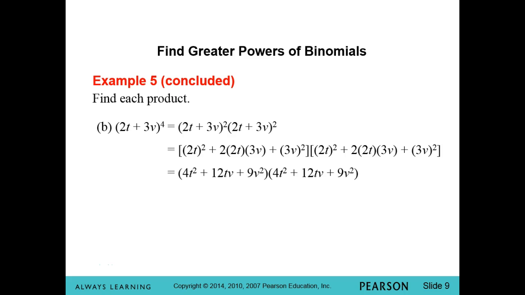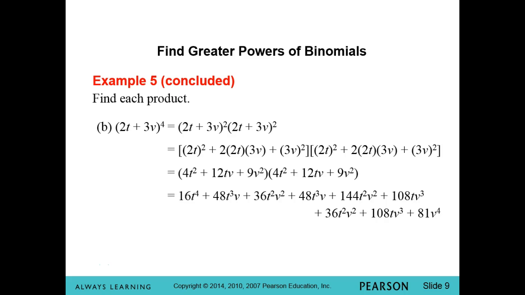Oh, look at them. That is not fair at all, is it? They just start writing things down. What they did was this times that is 16T fourth. This times that is 48 T cubed V. This times that is 36 T squared V squared.